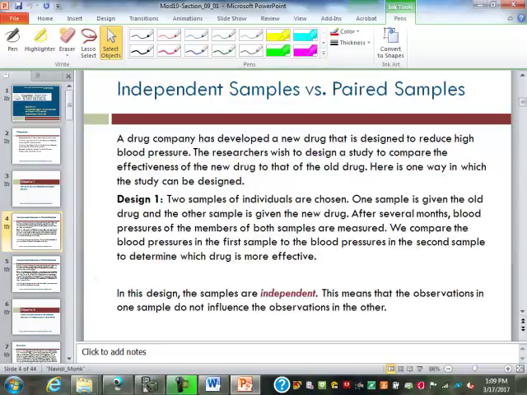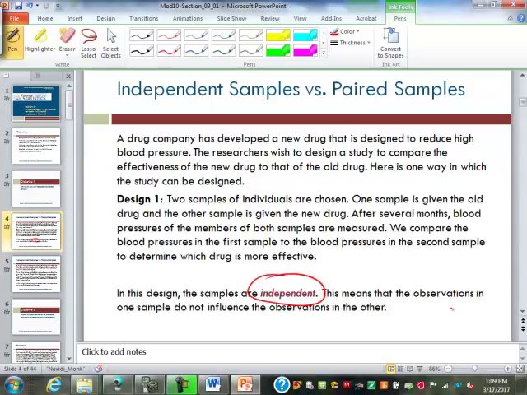Two samples are chosen. One sample is given the old drug, and the other sample is given the new drug. After several months, blood pressures of the members of both samples are measured. We compare the blood pressure in the first sample to the blood pressure in the second sample to determine which drug is more effective. This is an independent sample because there's different people in each sample.